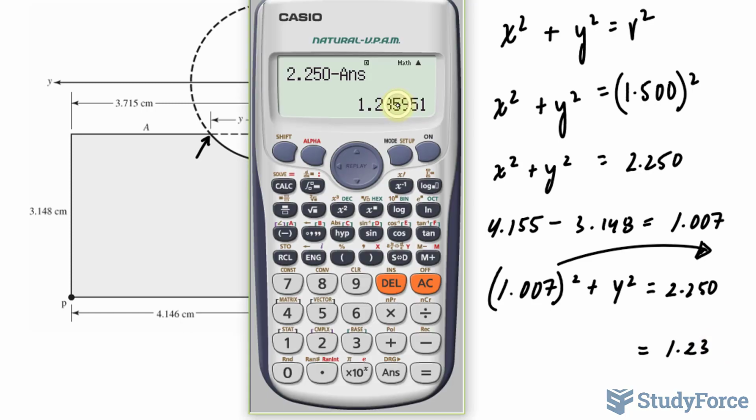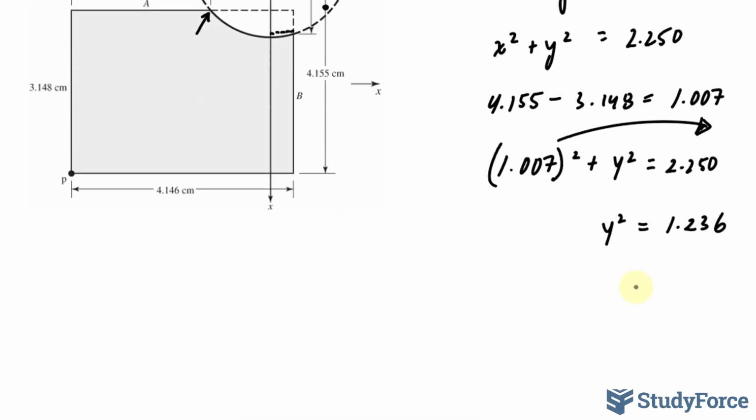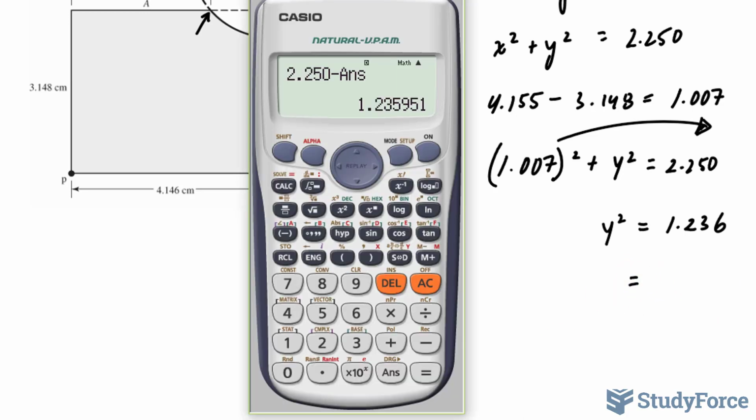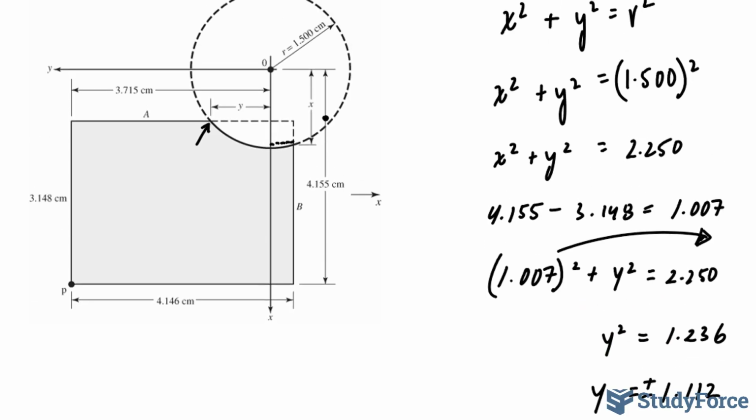1.236, and I'll make this into a 6 because of that 9, is equal to y squared. Square root both sides, and we end up with 1.112. Of course, this can be plus or minus y. We're going to choose the positive version because going to the left is plus y.